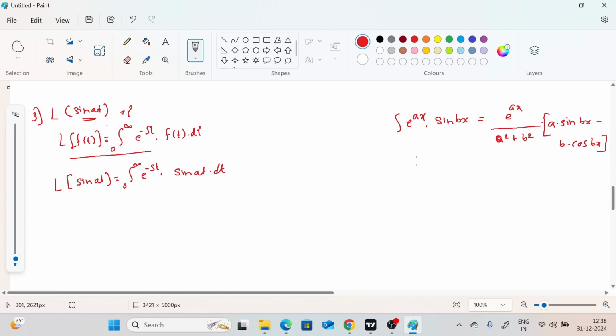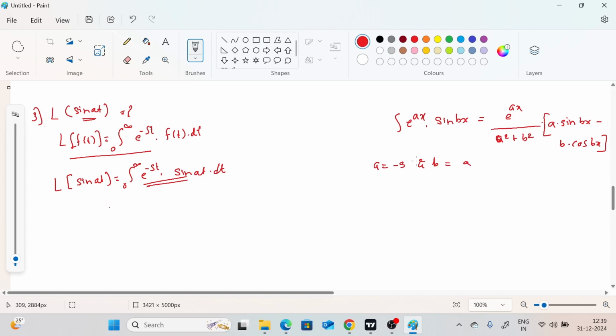So we are going to apply the same formula in this equation, but the values we have are slightly different. Here we have a is equal to minus s and b is equal to a.